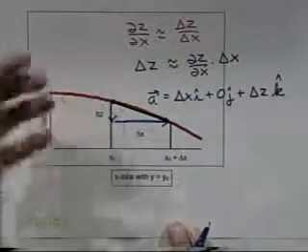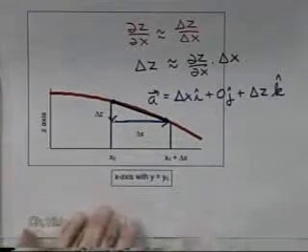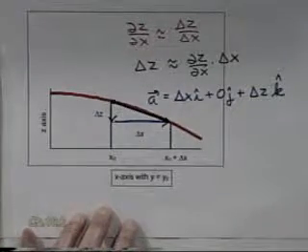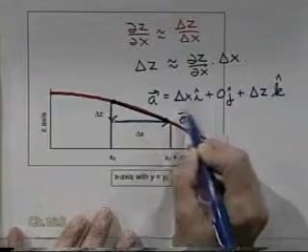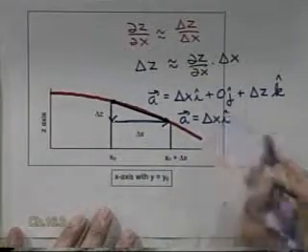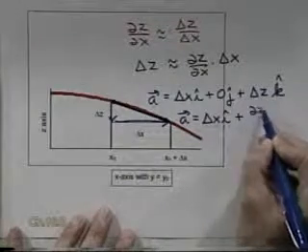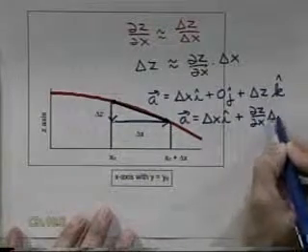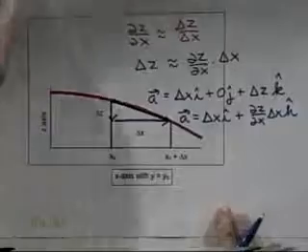In this particular case the delta z is negative, but that's fine. Delta z will take care of it. So therefore, vector A is equal to delta x i plus, and I'll write it as, the partial of z with respect to x times delta x times k.